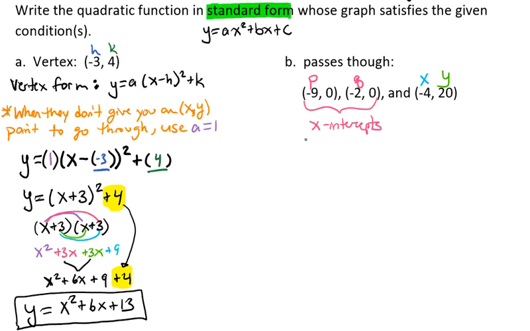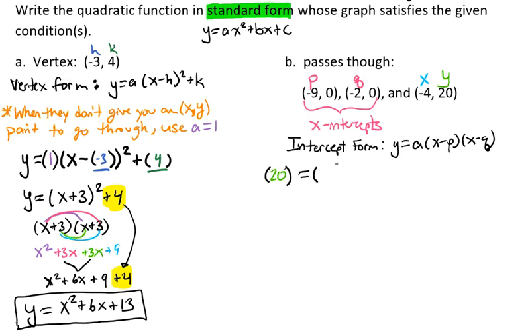So recall what intercept form looks like. So intercept form is y equals a times x minus p times x minus q. So we're going to fill in the things that we have. So we have a y value, which is 20. And we have an a value.